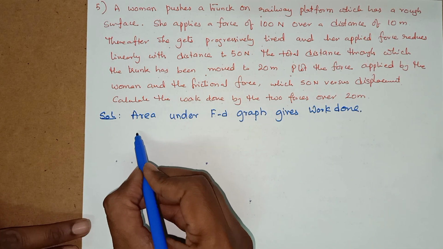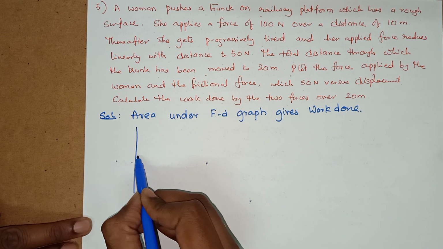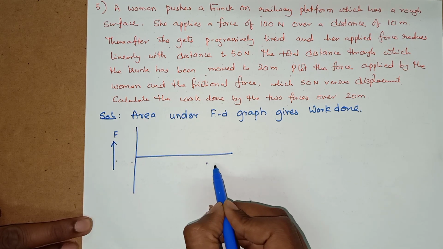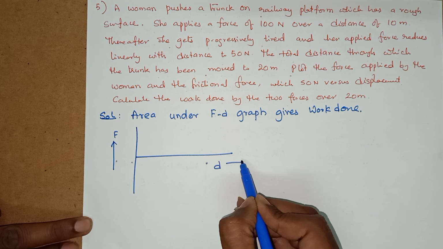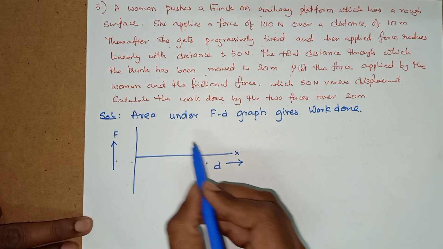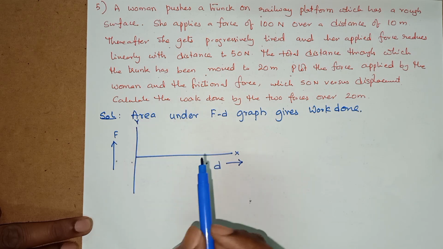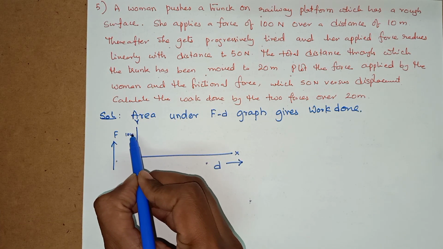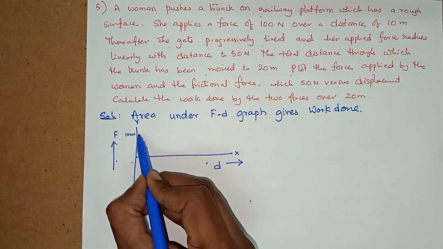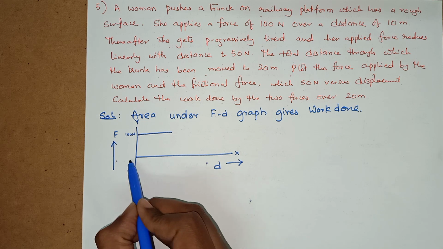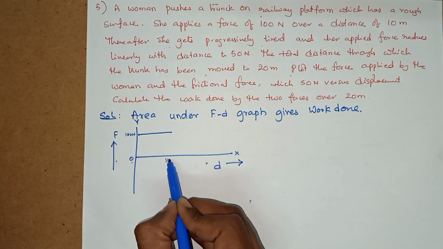How to calculate? Force can be on the y-axis, displacement on the x-axis. She applies 100 newtons continuously for 10 meters.